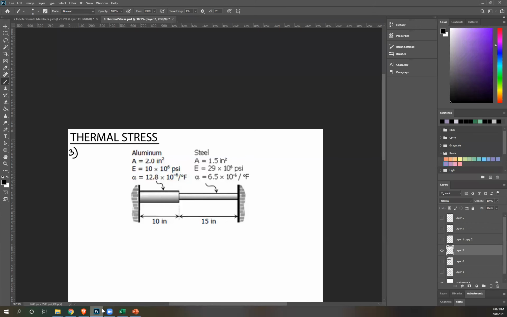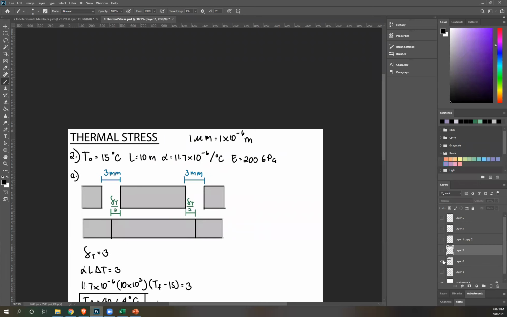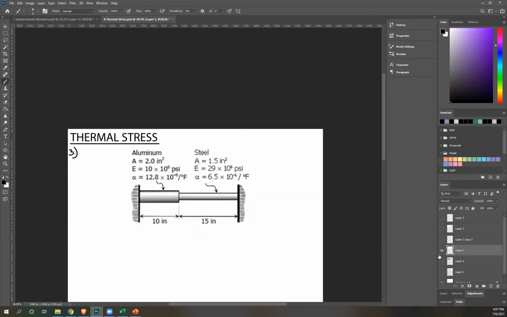Okay, so first step is your equilibrium equations. Previously, we didn't need any because there's no applied force and no reactions. However, here, that's a different story. Remember, we've had these kinds of systems before.